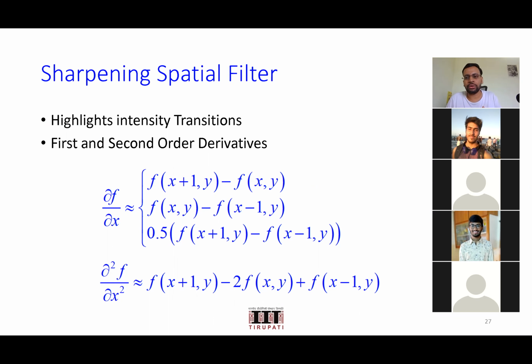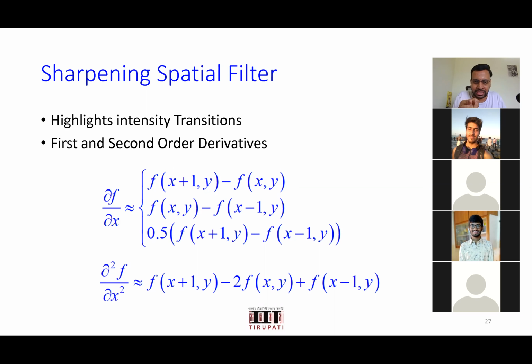I want to find the Laplacian at a given pixel. All I need to do is sum, for example, the second derivative in the x direction, assume that. For a given pixel, you sum the intensities on both left and right, and from that you subtract twice the intensity value at that pixel.